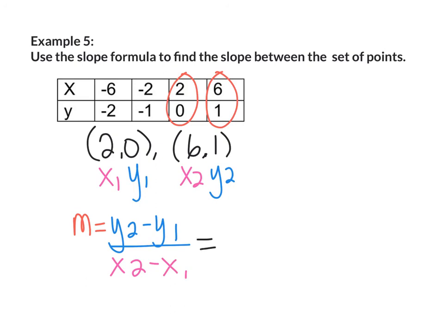So y sub 2 is 1 minus y sub 1 is 0 all over x sub 2, which is 6, minus x sub 1, which is 2. So I have 1 minus 0 is 1. 6 minus 2 is 4. So my slope is 1/4.